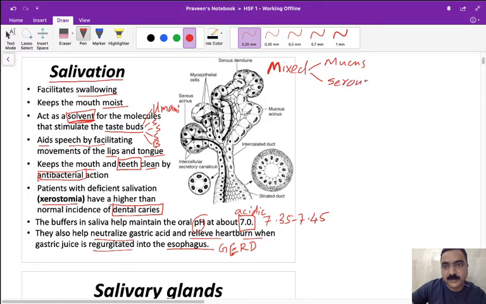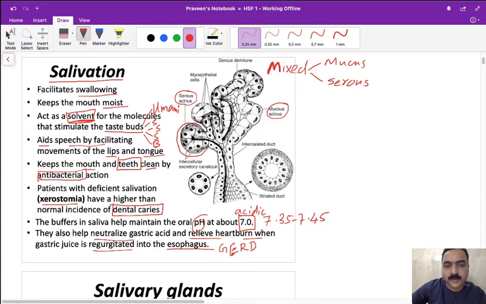The serous acini is shown over here. Acini and acinus are the plural and singular. The other one is the mucus acinus.